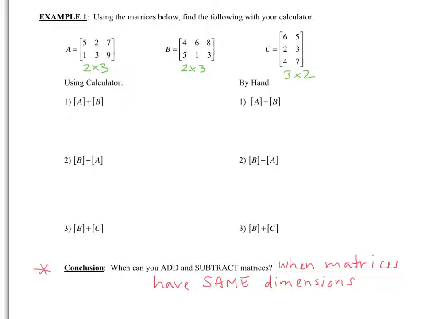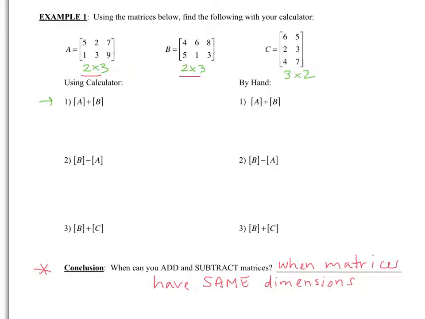Okay? All right, so how do we add matrices by hand? Well, let's look at this first example here where we're taking matrix A and adding it to matrix B. First, do they have the same dimensions? So we have a 2 by 3 and a 2 by 3. So since they have the same dimensions, we can go ahead and add these together.